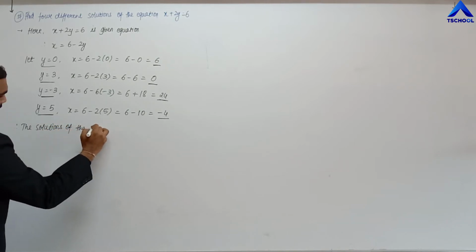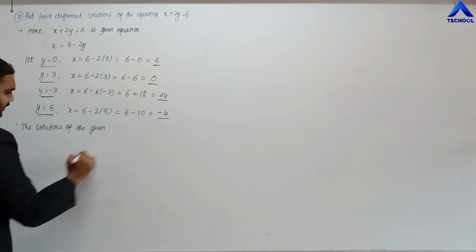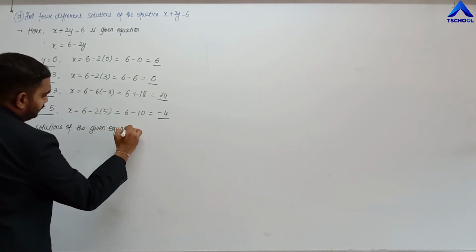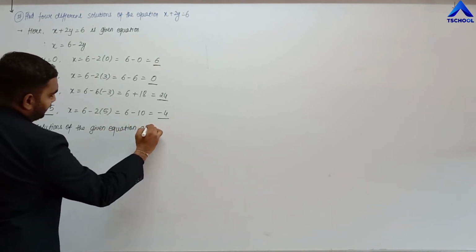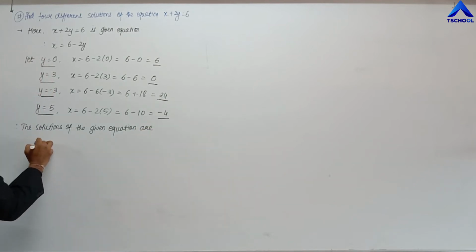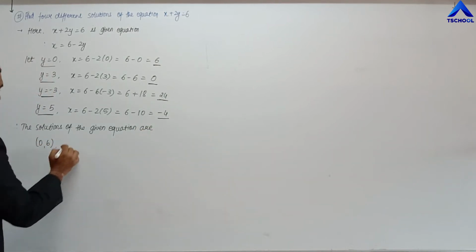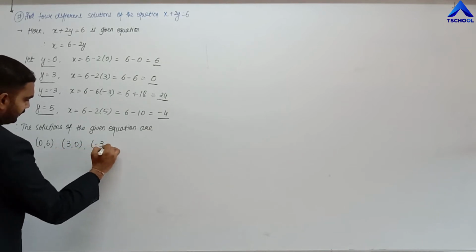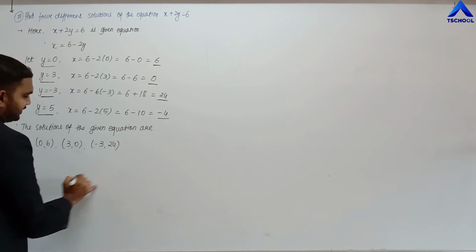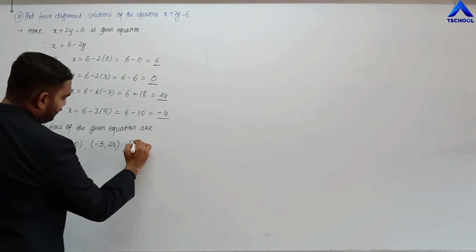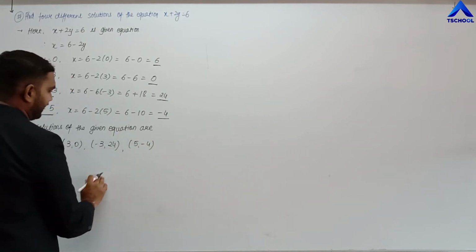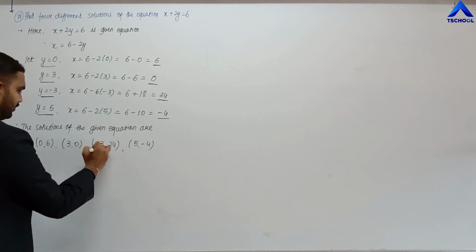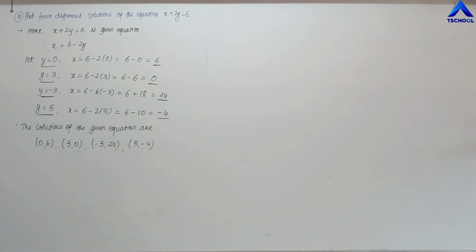Therefore, the solutions of the given equation are 0, 6, 3, 0, minus 3, 24, and 5, minus 4. Okay, so we have got these 4 solutions for the given equation. You can simply check it out.